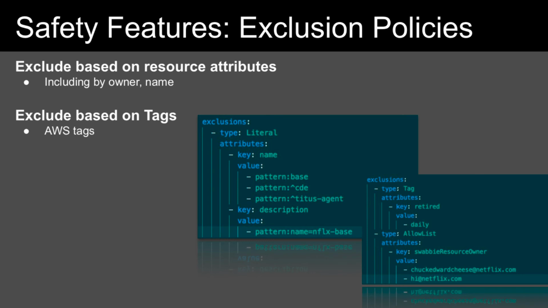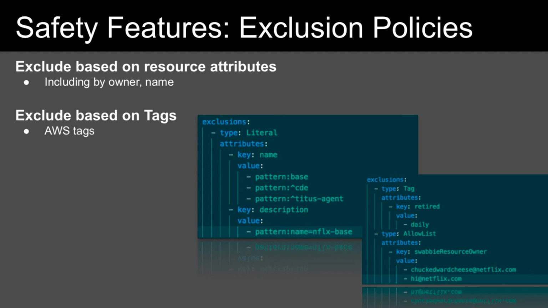In this example, we are saying that this policy will apply for any resource with a name containing the substring base, or starting with CDE, this is our persistence team at Netflix.